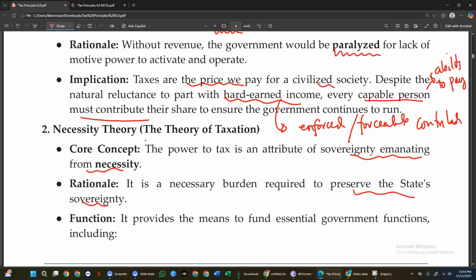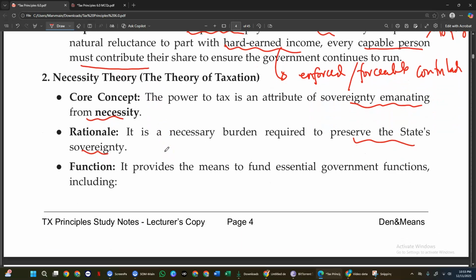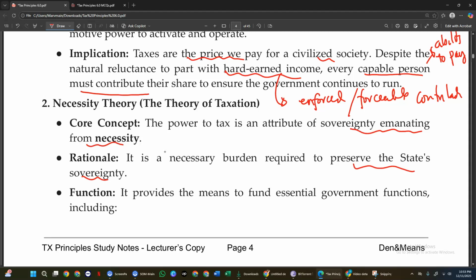This one supports that the government has to exist and it is necessary to have taxation to support the government's existence, or the state's existence, and to provide means to fund essential functions.